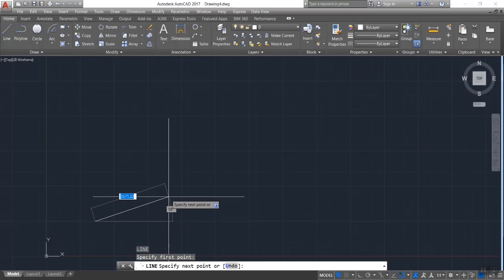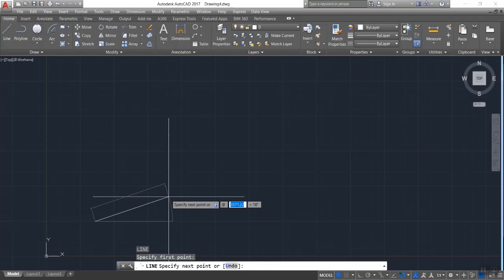Let's say now it is at 18 degrees, and I need to draw a line at exactly 60 degrees. For that, the first thing I need to do is put the at-the-rate symbol. Then I need to mention how much length I need.